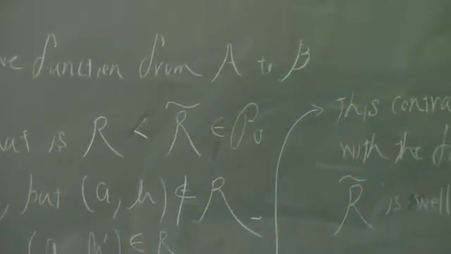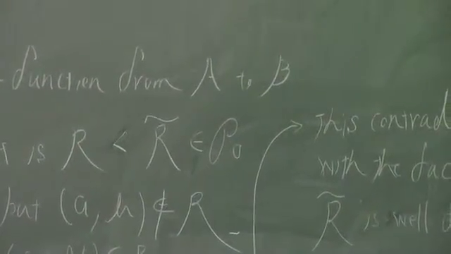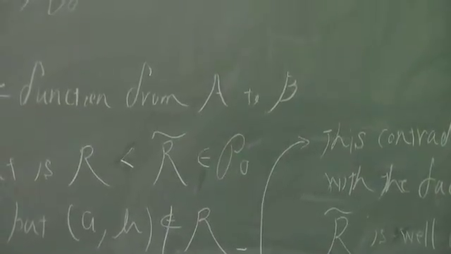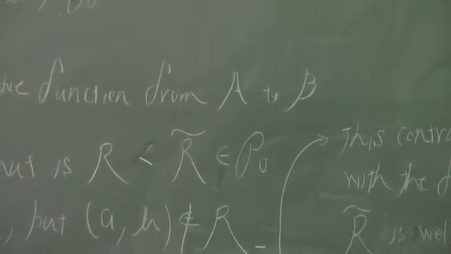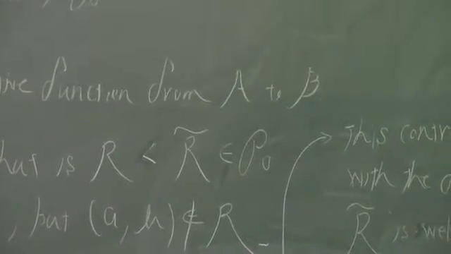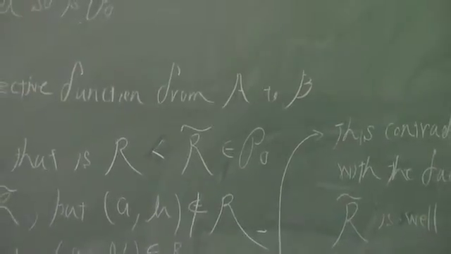When we talked about maximal, it was maximal in P0, not in P of A times B. This is just to remind you that R tilde is in P0.